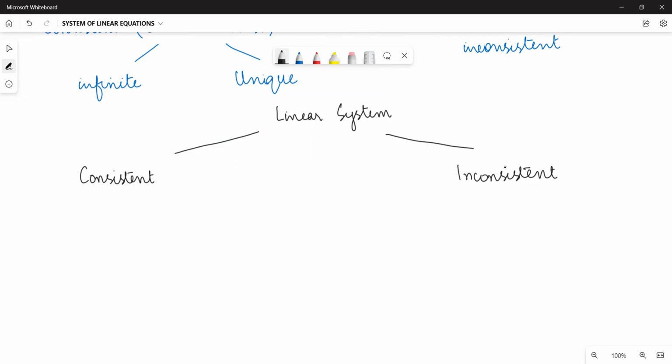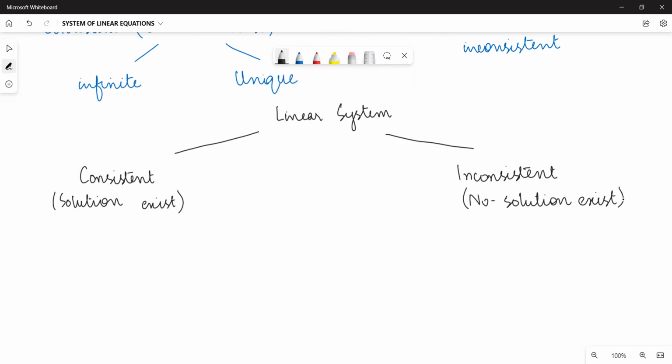If we have the homogeneous system, then we go for consistent only. If we have a non-homogeneous system, then we can have consistent or inconsistent. The consistent system will have a solution, solution exists, or the inconsistent system, no solution exists.